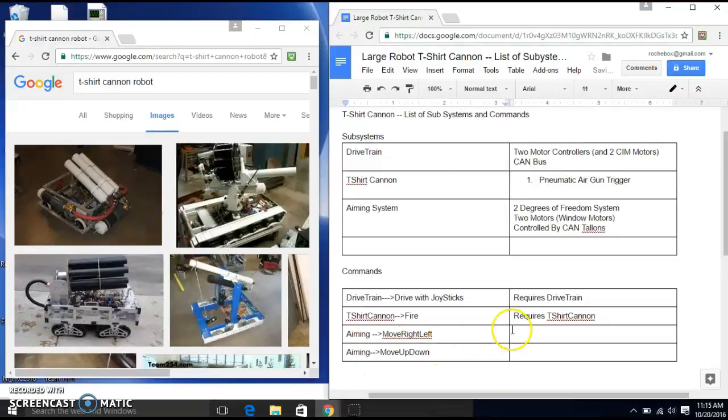And this also requires the aiming system. Okay, so with that, what we want to do is set up the RobotBuilder file as best we can, and there'll be a second video for that.